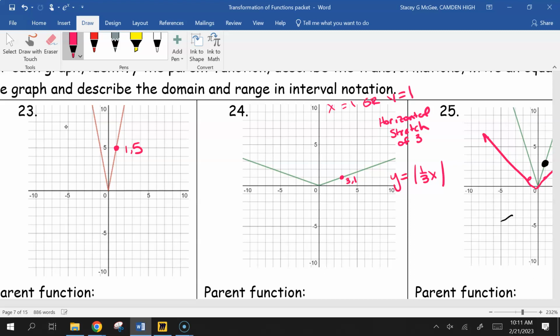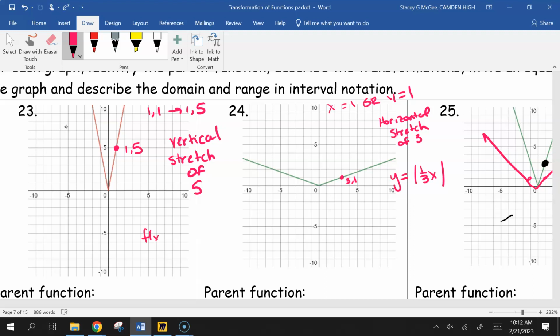That's exactly what I would use. So if I go from (1, 1) to (1, 5), what's changing there? The x or the y? The y. So I would call it vertical. I know that it's stretching because it's getting skinnier, so a vertical stretch of 5. And again, vertical just goes outside and stays the same.